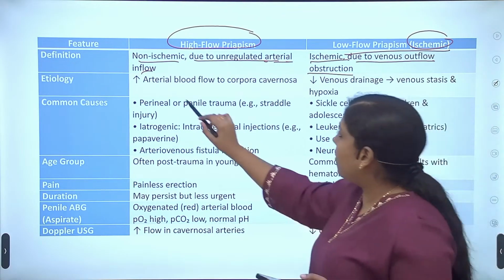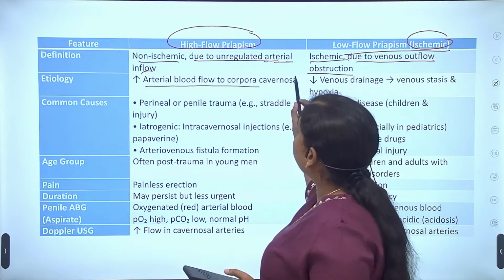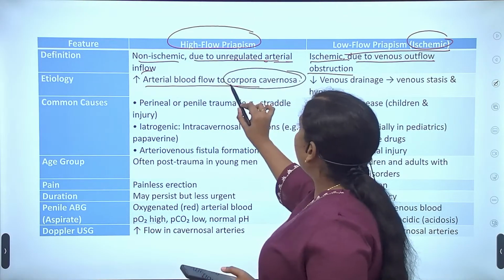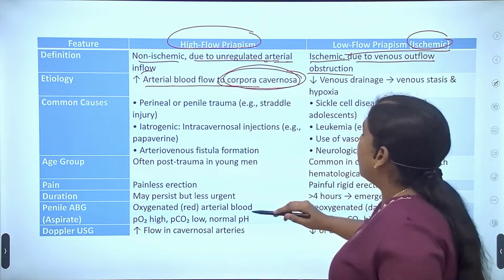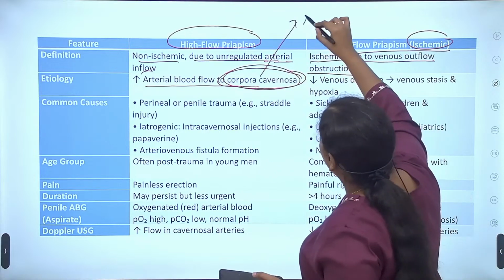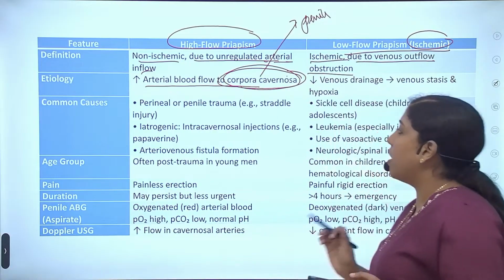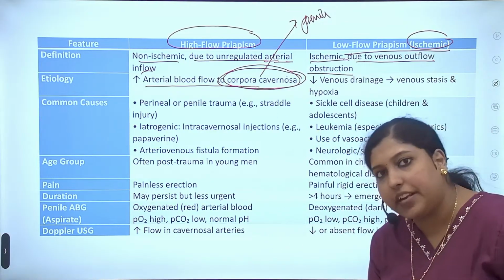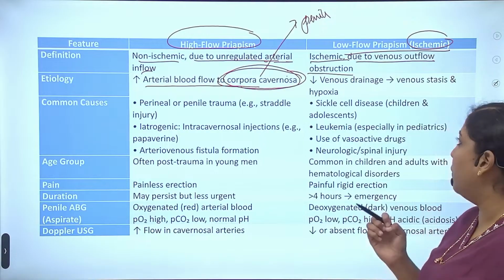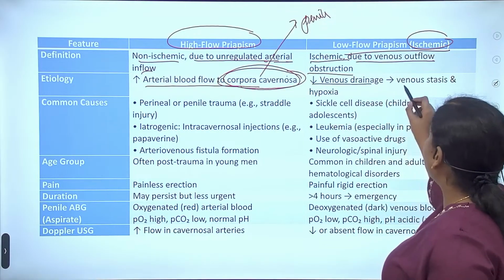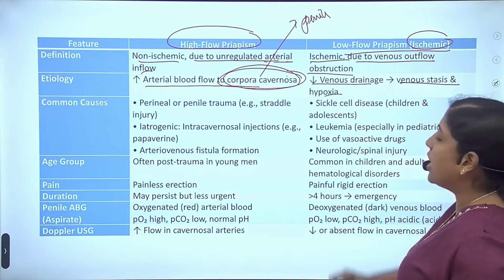So arterial blood flow is increased to your corpora cavernosa. Especially in the penile area, from this particular corpora cavernosa only we will be aspirating the ABG and evaluating. Here, decreased venous drainage leads to venous stasis and hypoxia.